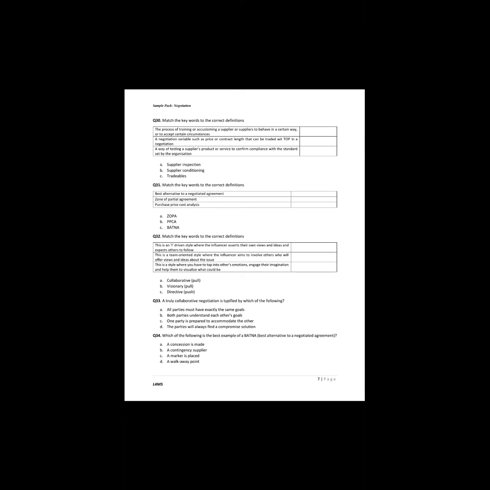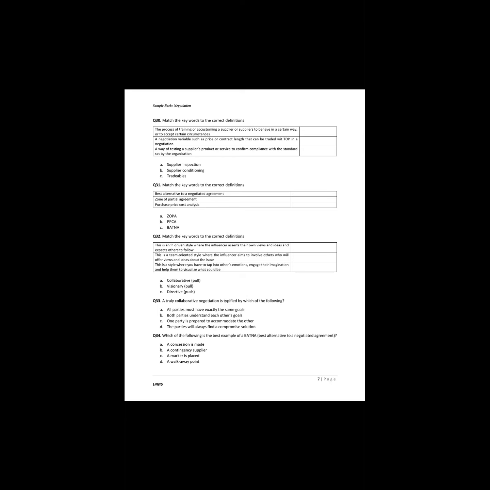But when you have a contingency supplier, as in the case of Nikita, you see, Nikita knew that if the negotiation doesn't go well, she could fall back on the other supplier. So that supplier is called a contingency supplier. Contingency in the sense that he is your plan B. So a partner is the buyer's or the supplier's plan B. If you have a plan B, the plan B is your partner.